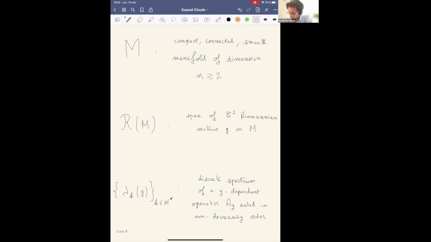And I will consider some spectrum λk that depends on a Riemannian metric g. So it's a discrete spectrum of some operator Ag. We will give examples in a minute, but classical examples are the Laplace-Beltrami operator and the Dirichlet-to-Neumann operator. And this spectrum is, as usual, sorted in non-decreasing order.